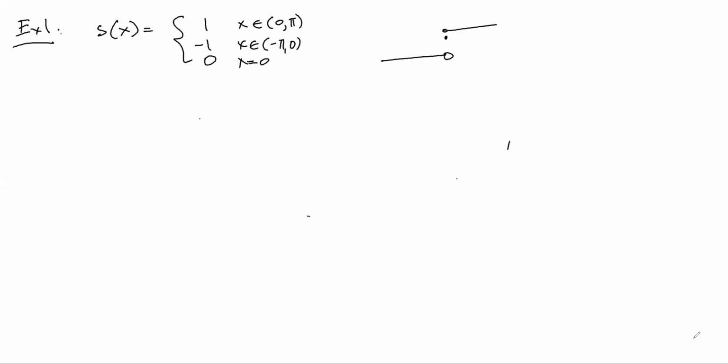So let's calculate the Fourier series. What are the coefficients? a naught is going to be 1 over pi times the integral of s of x dx.